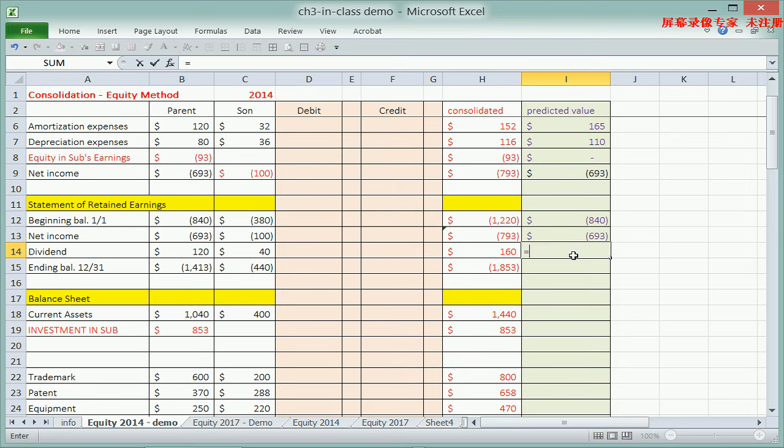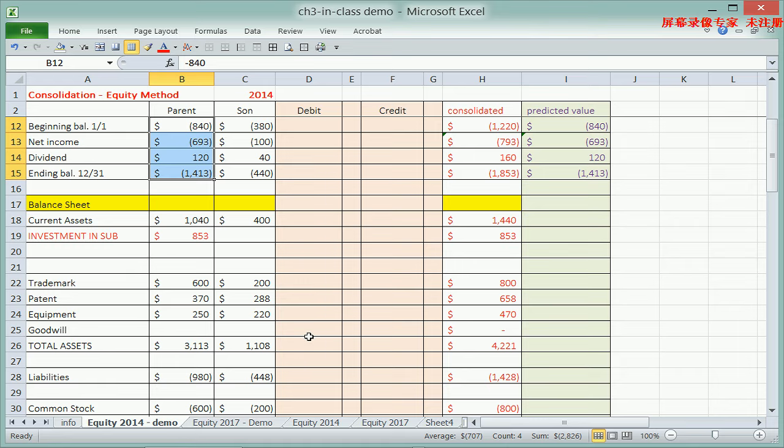Dividend, as you know, should only be the parent's, because the subsidiary's dividends are paid to the parent. So it's an inter-entity transaction we need to consolidate and eliminate. The ending balance would be calculated. So now we can see the ending balance is basically the parent's. So basically the whole retained earnings statement is the same as the parent's.